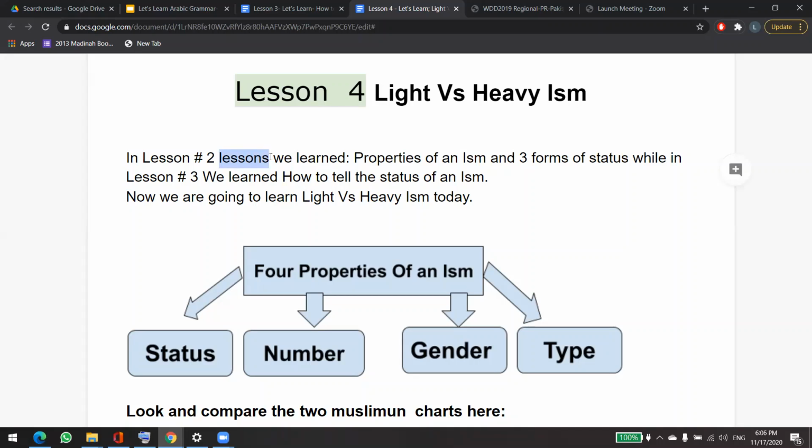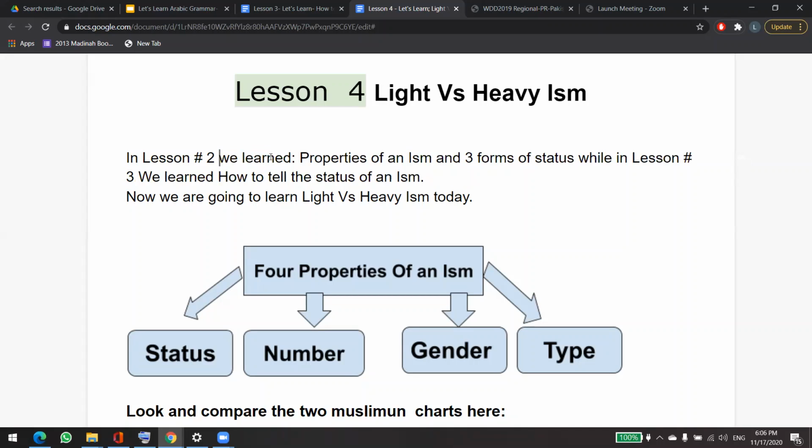Right, so far we briefly learned about the properties of an ism, which are status, number, gender, and type. In the same lesson we also learned 3 forms of status, that is rafa, nasab, and jar.